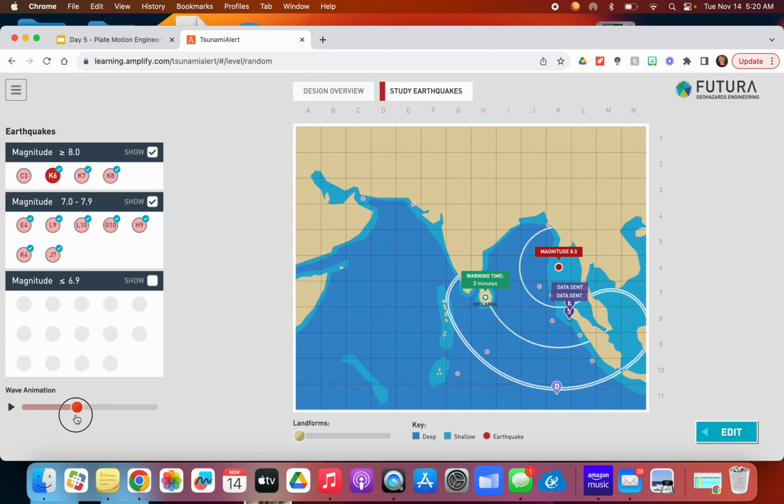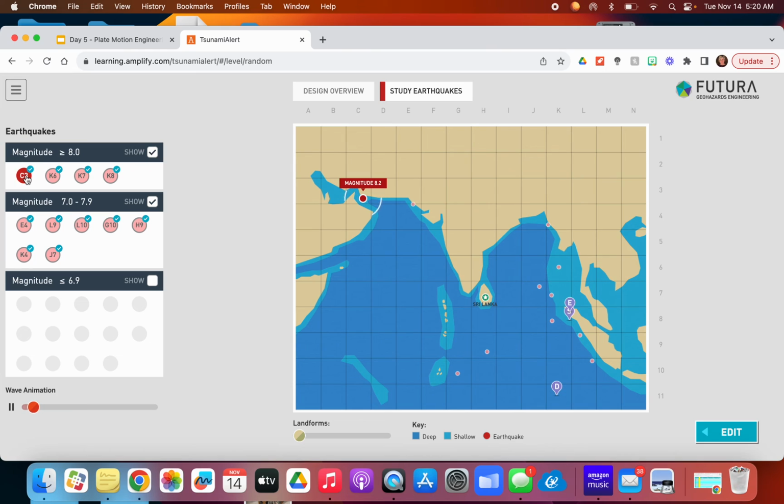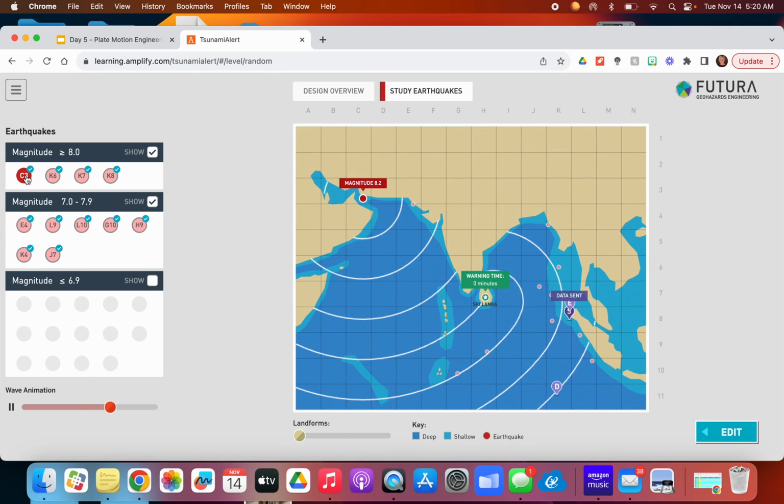So that's not doing them any good. I need to maybe think about moving that deep sensor. Lastly, I'm going to look at this one, C3. This is a magnitude 8.2. It absolutely hits Sri Lanka, and I don't have any sensors in that area. I have to consider maybe moving some sensors there.